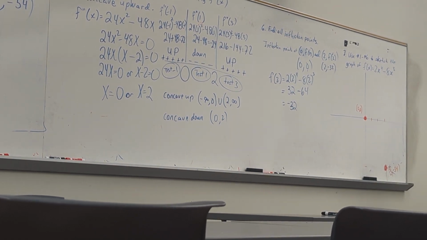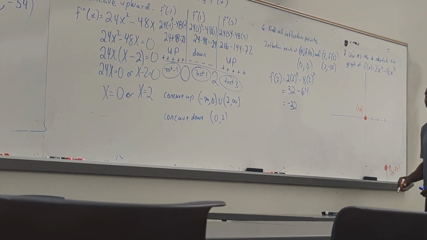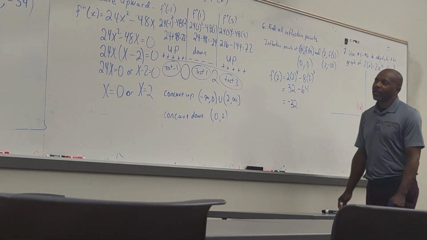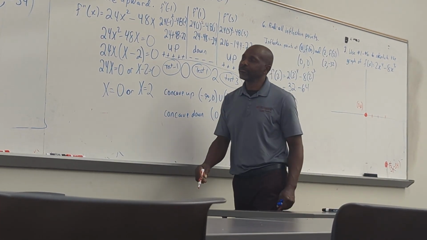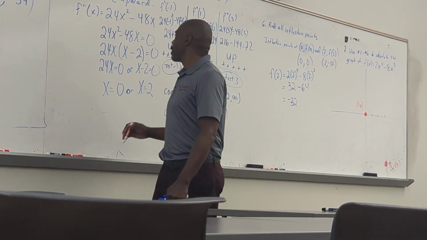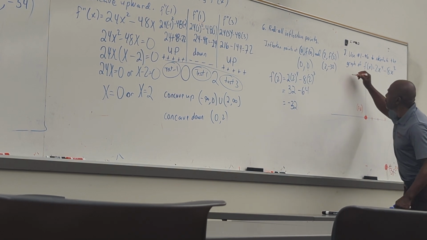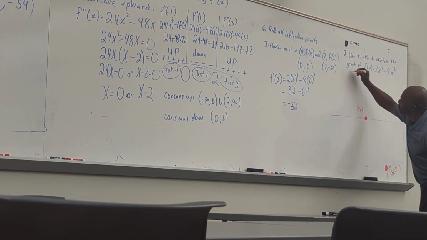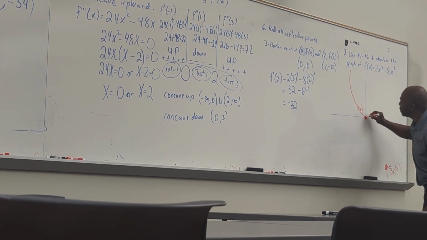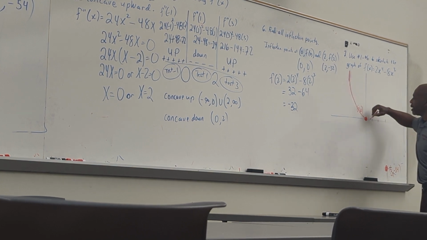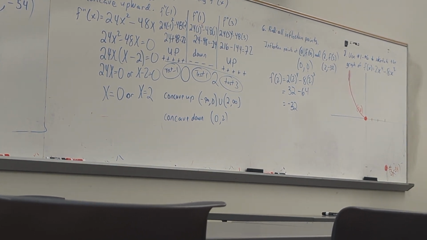And what did the graph start off doing? Decreasing. And while it was decreasing, which way is it concave? Up. So it's coming down, but it's bent up. We good?